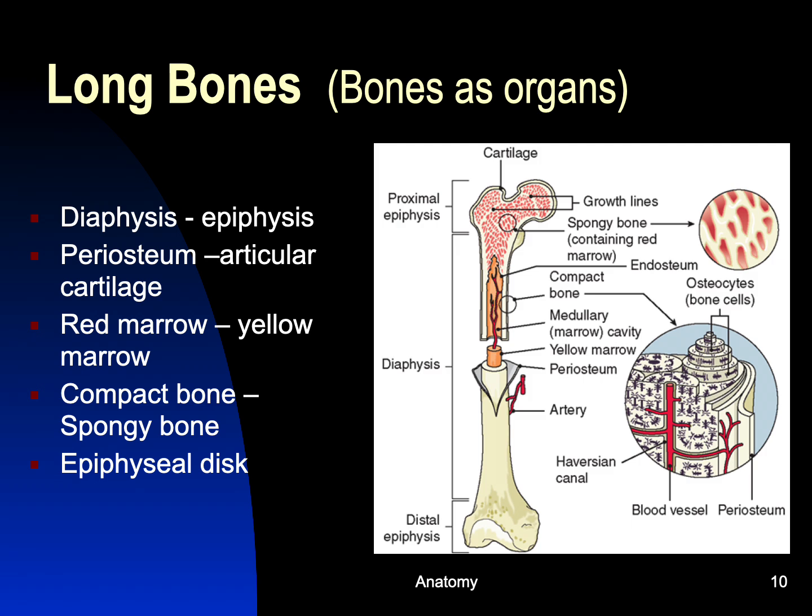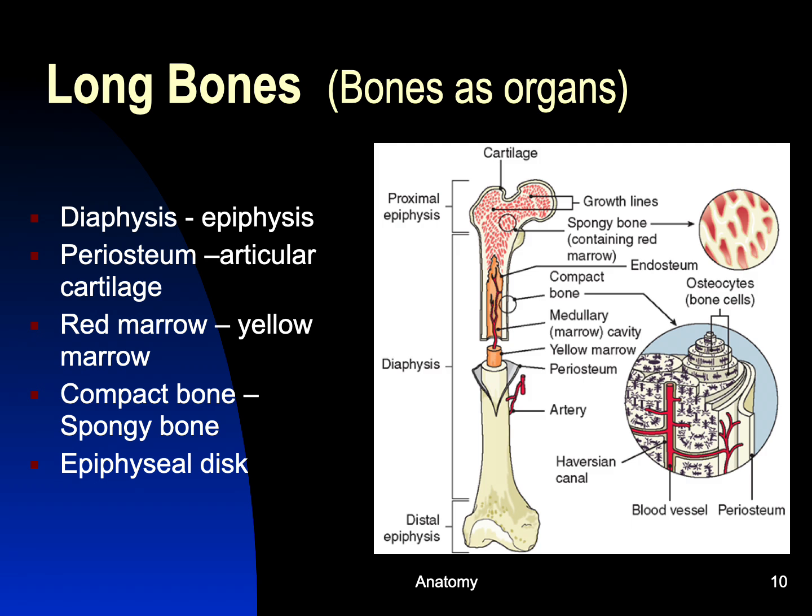So, bones are organs, and they contain more than just bone tissue. A typical long bone is shown here with the important parts of the bone labeled. The diaphysis is the shaft of the bone.